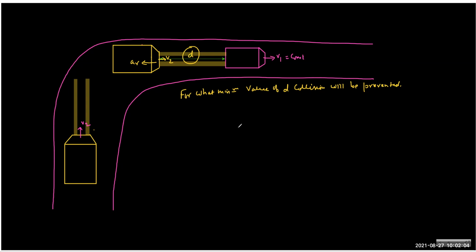So for what minimum value of d are you calculating? Anyone solving this question? What is given to you is a, v2, and v1, and then you're supposed to solve it. Say yes. So using the first formula, we have to first find the time, and then put the time in the second formula to find the v. So do it. You think for a while, then I'll solve.